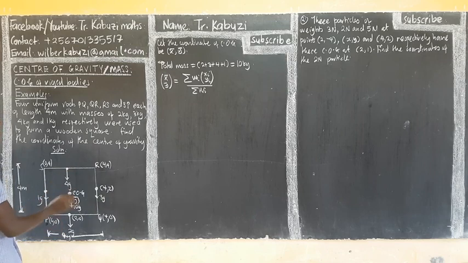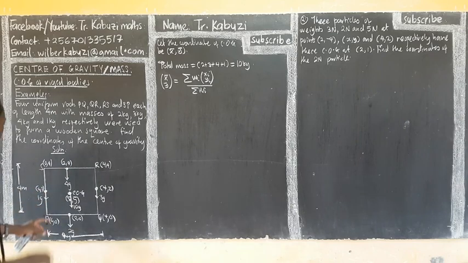Then this weight here, the y is 4, but the x is 2, so this one is going to be 2, 4. Then this one, in the y I've moved it 2, but in the x I have moved it 0.